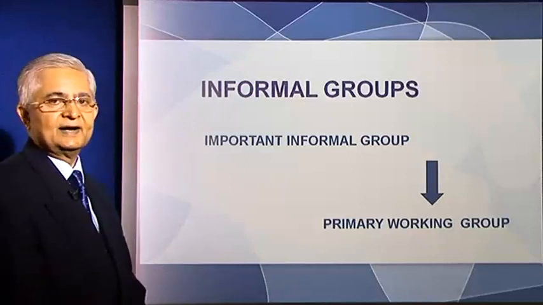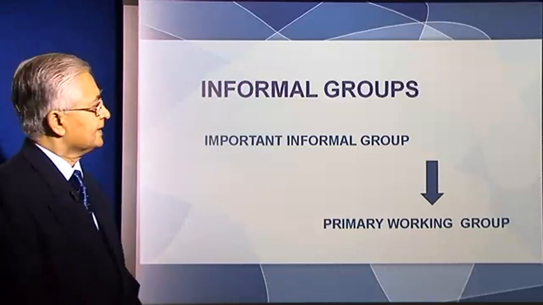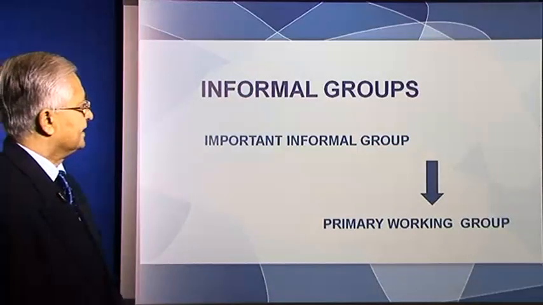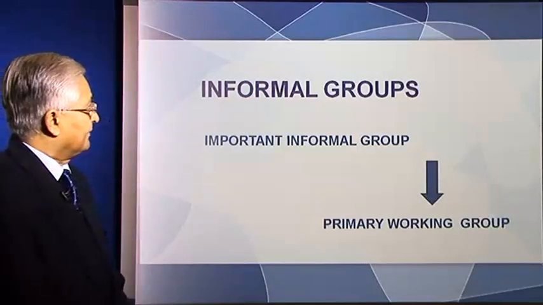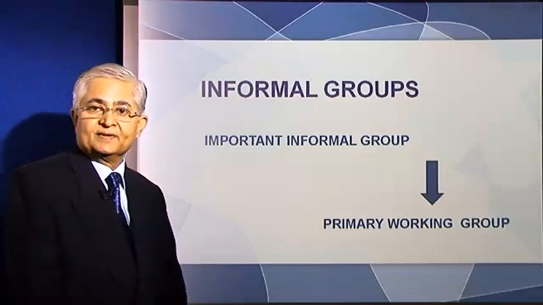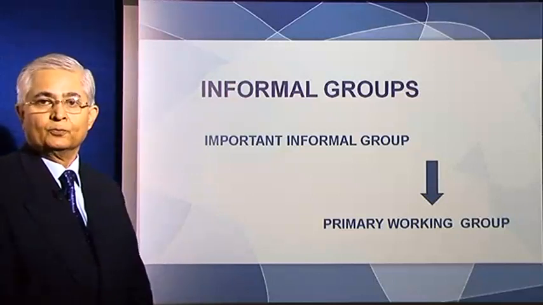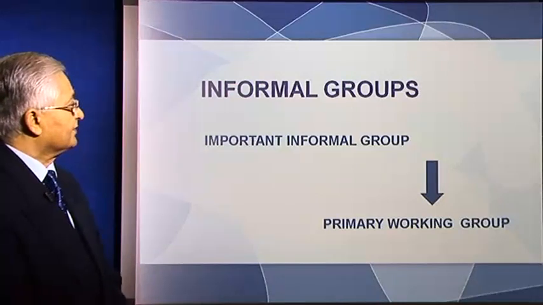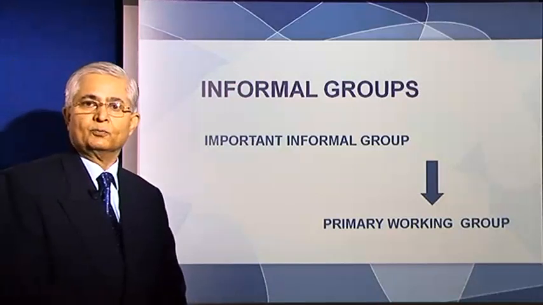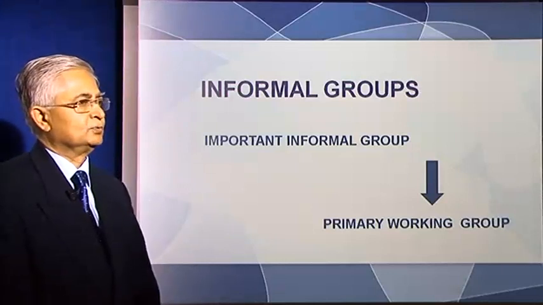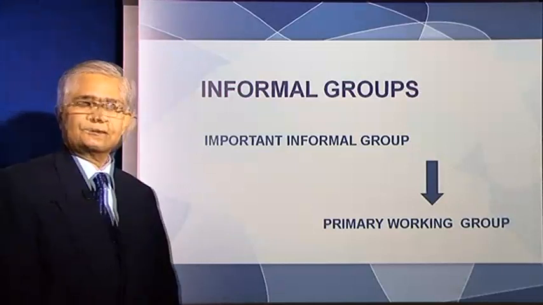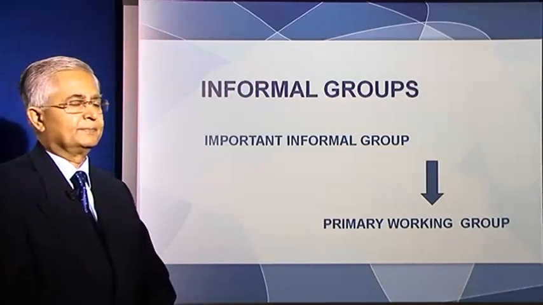We have different kinds of groups. You have informal groups, for instance. Now, a very important example of an informal group is what's called the primary working group of an individual. Let's take a person who is working in the quality control department of a company.